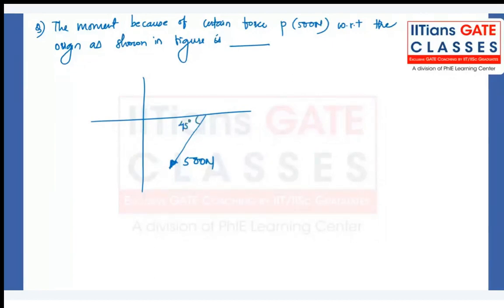Okay, this is another question I'll write here. Yeah, take this as 5. So find y-intercept.